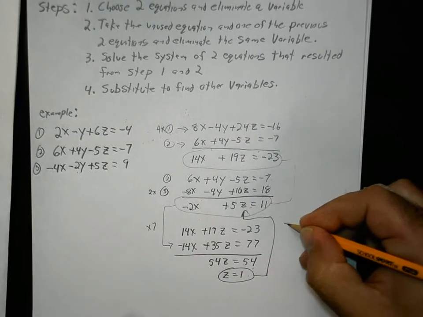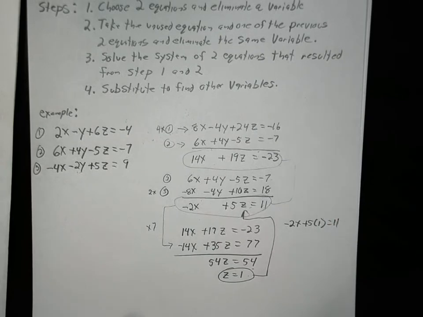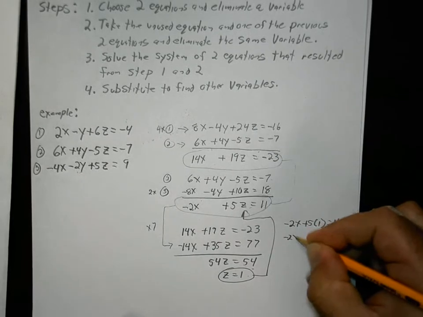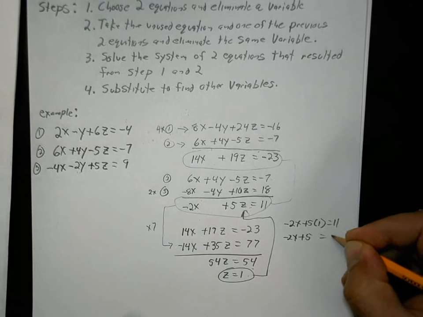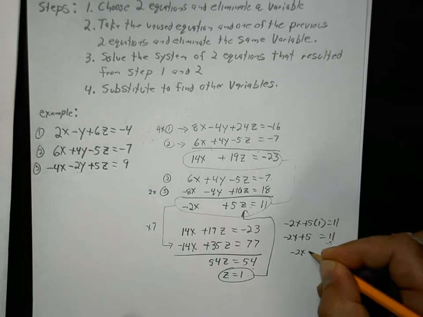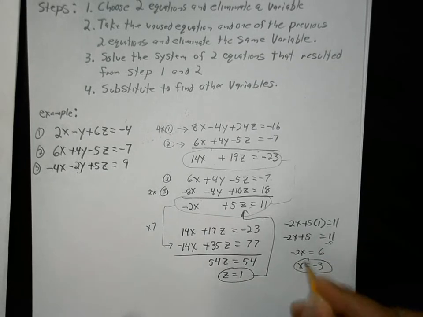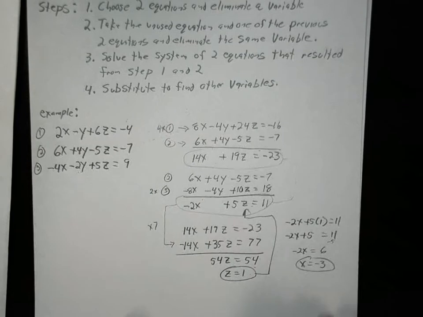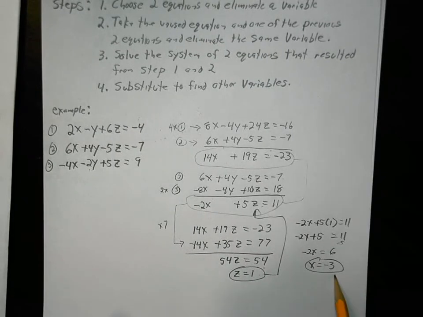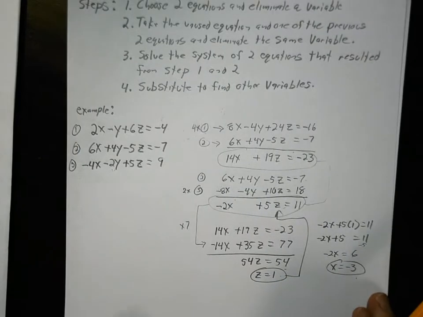So I'll get that. Subtract 5. So it looks like I get negative 3 for x. Finally, I have to take these two and substitute them back into one of the original equations to solve for y.